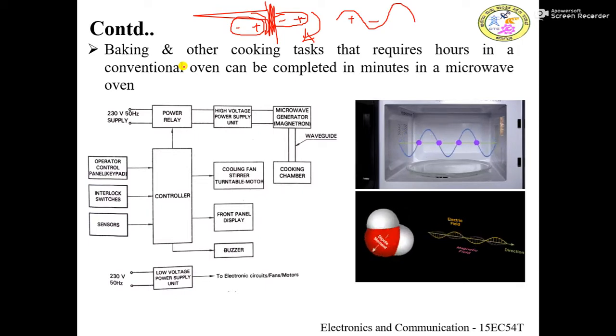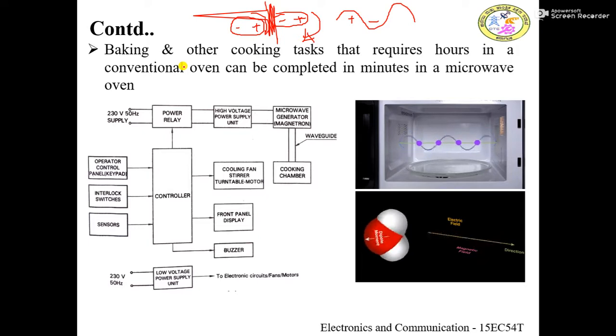Whenever you light the fire, cooking occurs from outside to inside, means first the cooking pan will get heated. After that, due to convection, the heat transfers from the cooking pan to the food molecules. That is the way it cooks the food.